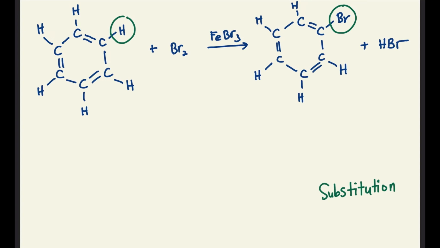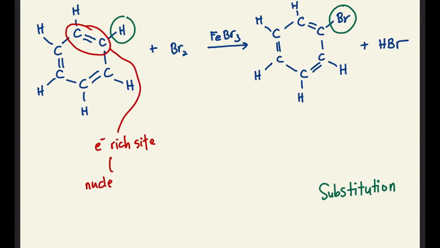Therefore, we take a look at the site of reaction, which is this carbon. Again, carbon-carbon double bond is an electron-rich site. Therefore, it is a nucleophilic site. From this, we can decide that bromine is an electrophile.